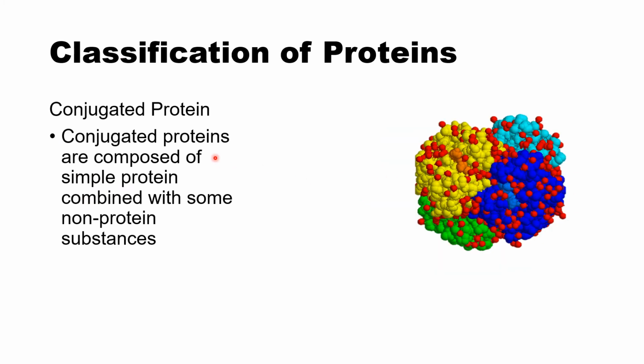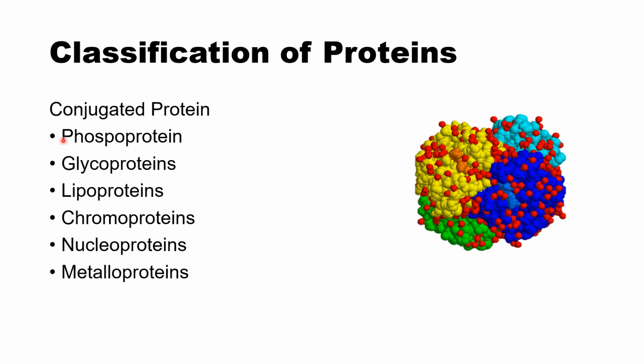Now, conjugated proteins are composed of simple protein combined with some non-protein substances. That is the definition: simple protein plus non-protein substances becomes conjugated protein. Here are some examples.